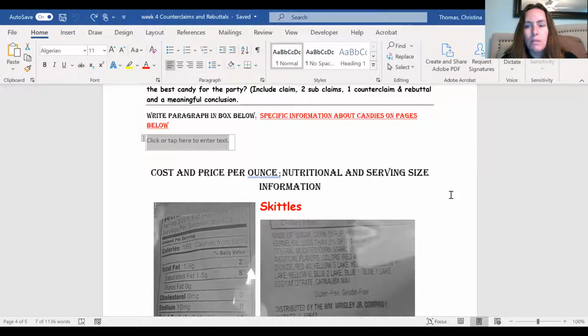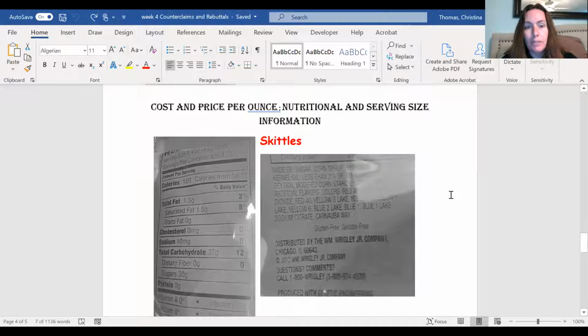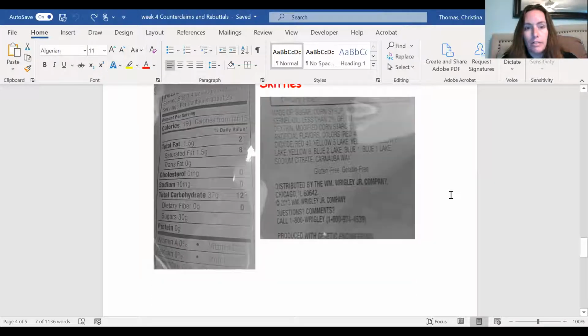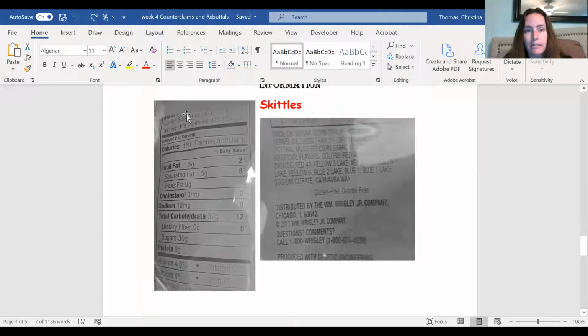All right, so some things to help you with writing this. Down here, I have pictures I took of the packages of Skittles and Sour Patch Kids. So here's the one for Skittles. It has a list of the nutritional stuff. It also tells you how many servings per container and how big a serving is, how many calories those are. Also has a list of ingredients over here.